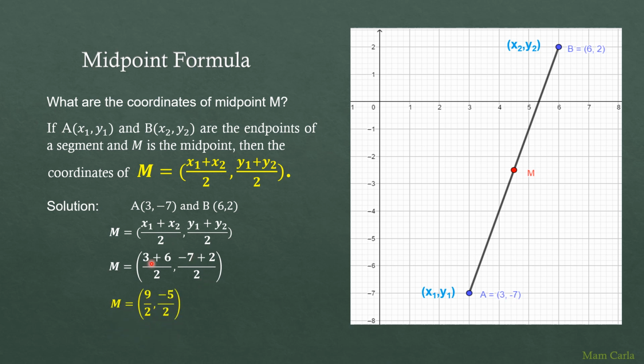Simplifying, we have 3 plus 6, which is 9, over 2, and -7 plus 2, which is -5, over 2. Expressing this in decimals, 9 over 2 is 4.5 and -5 over 2 is -2.5. So the coordinates of the midpoint of line segment AB is (4.5, -2.5).